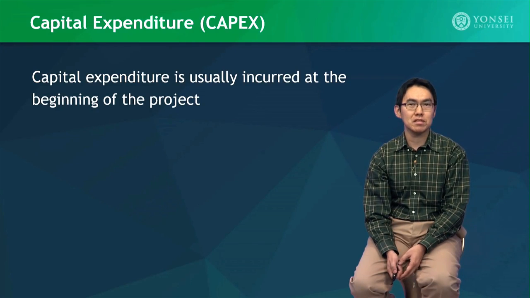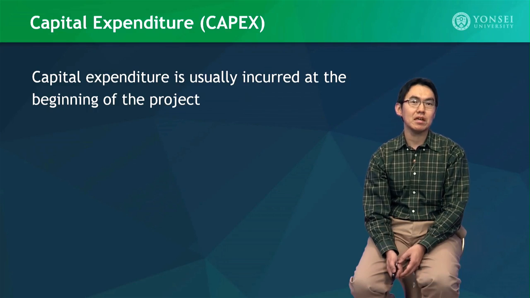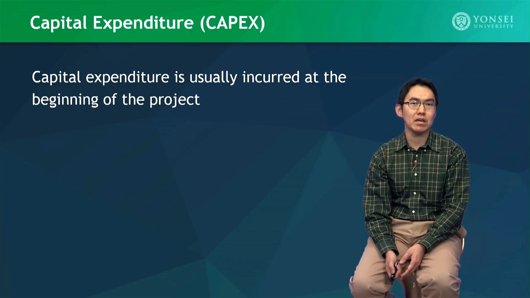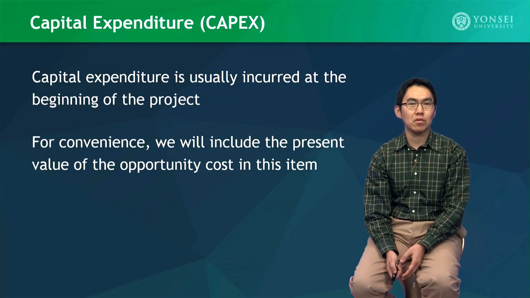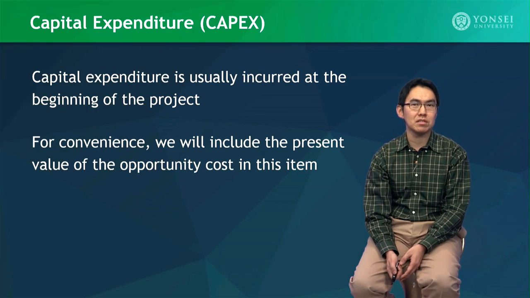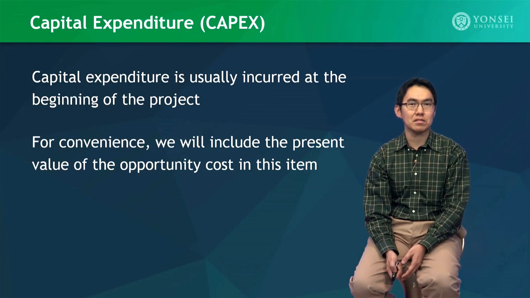Next, we consider capital expenditure or initial outlay of the project. We often use terms initial investment or initial outlay because the expenditure is usually incurred at the beginning of the project. For convenience, we'll include the present value of the opportunity cost in this item later in the Excel spreadsheet.